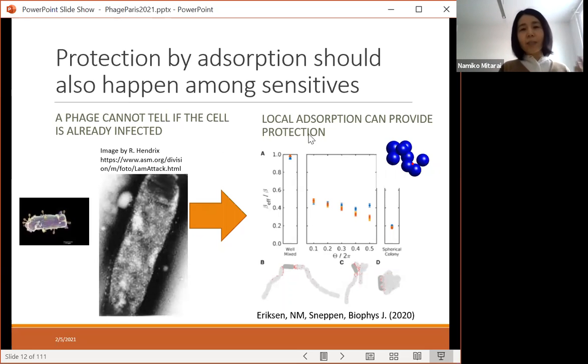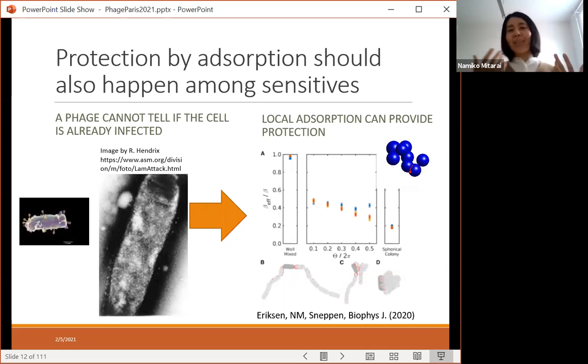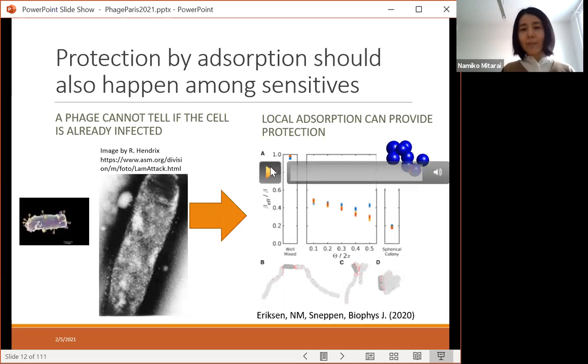And that can, for example, provide a very inhomogeneous attack in a spatially structured environment. For example, in a simulation you can see phage as diffusing red dots that get absorbed if they hit a cell. So we just let them diffuse and absorb in the simulation.